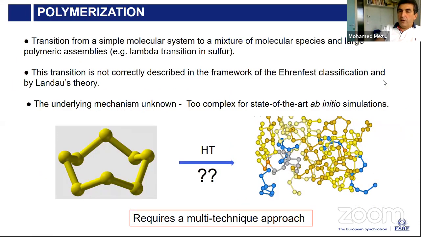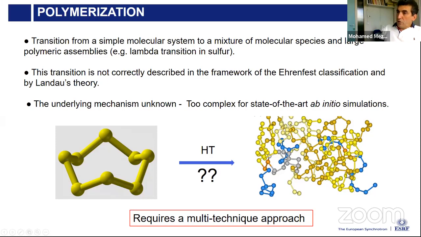Okay, and the final subject I would like to touch on is polymerization, and this concerns, for example, the transition from a simple molecular system to a polymer, or to a mixture of molecular species and large polymeric assemblies. For example, at room pressure, sulfur undergoes a so-called lambda transition, where the S8 molecule opens up to form very large polymeric assemblies.